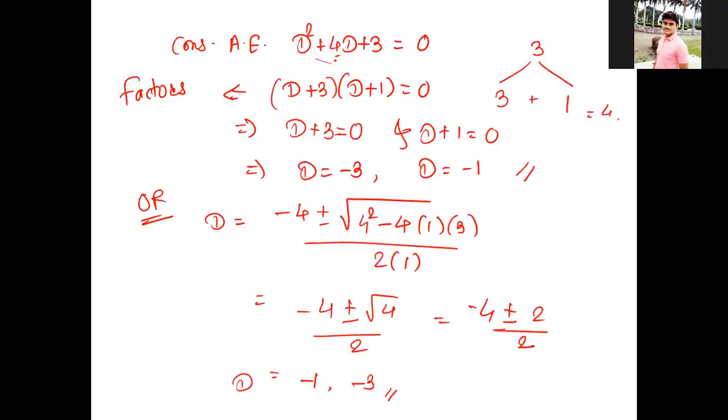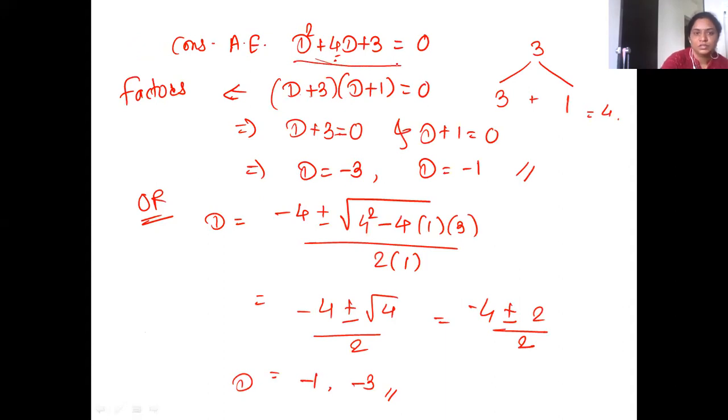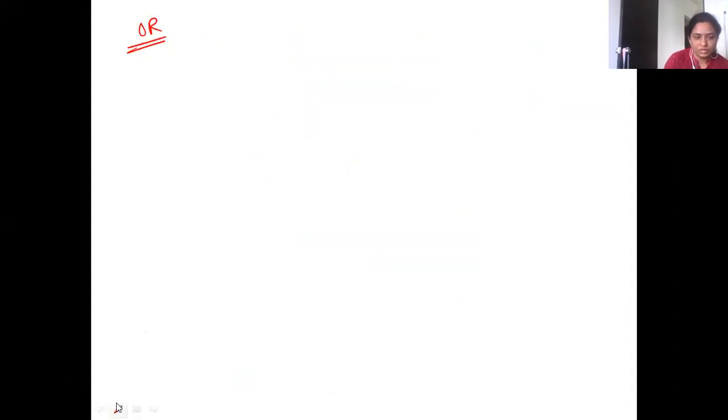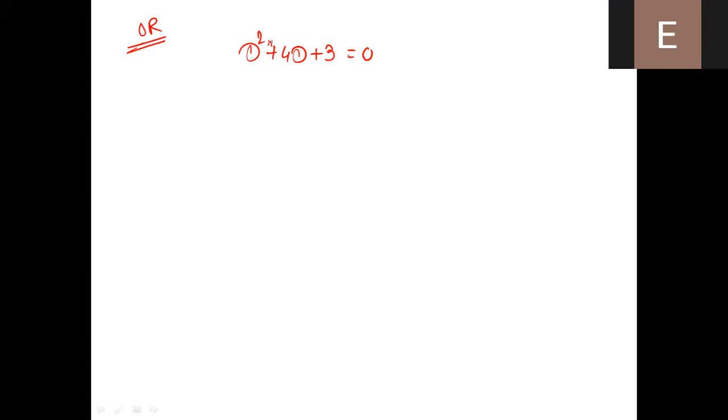Can you see degree now? In the calculator they call it degree. We have d square plus 4d plus 3 equal to 0. What is the order here? The highest power of d, which is 2. The calculator says degree instead of order.